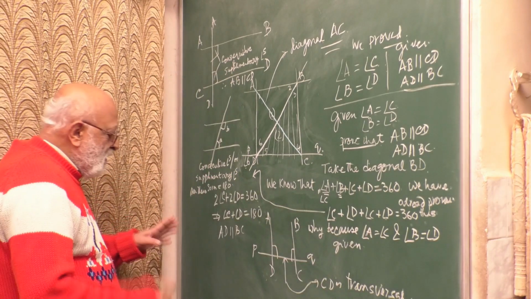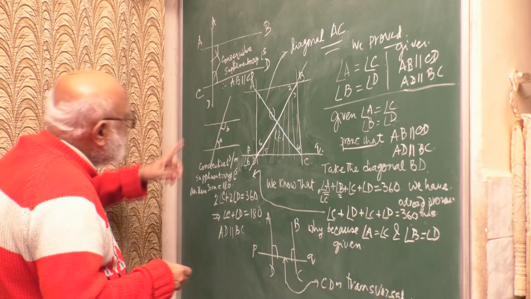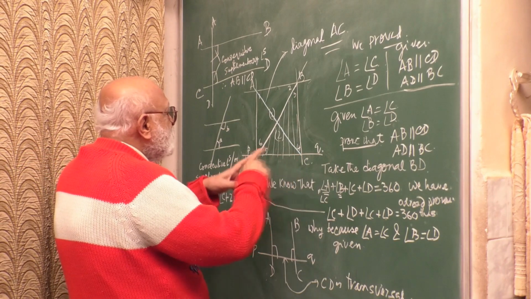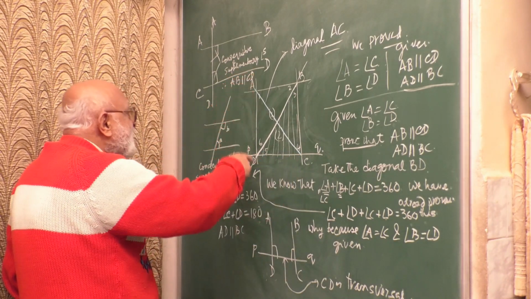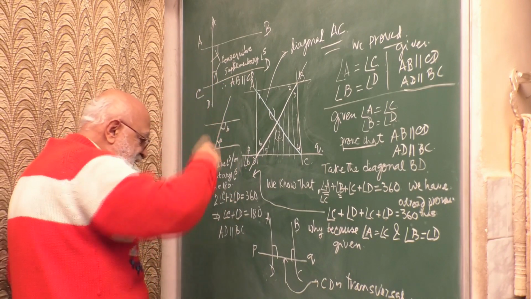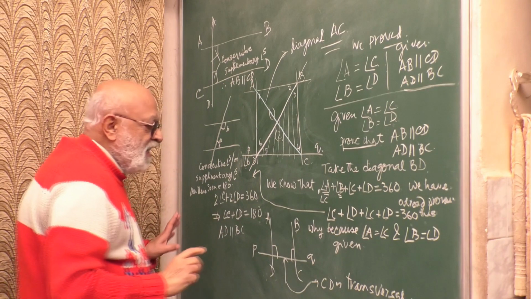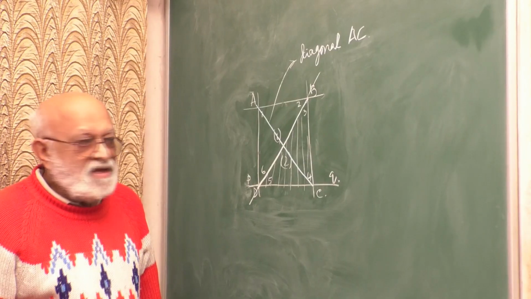Okay, so I hope this is totally clear. We have used one arm of this to make them parallel. In this case we have used AD, and in this case we have used CD. I hope this is totally clear to you.